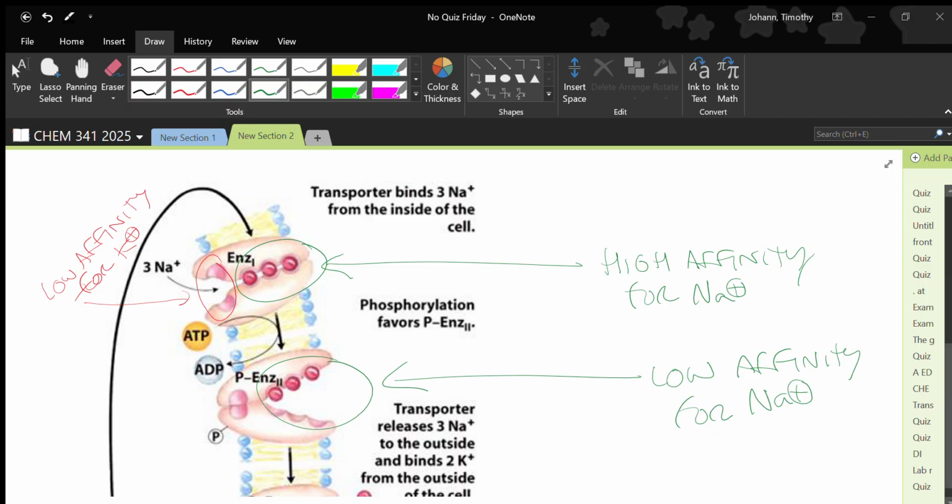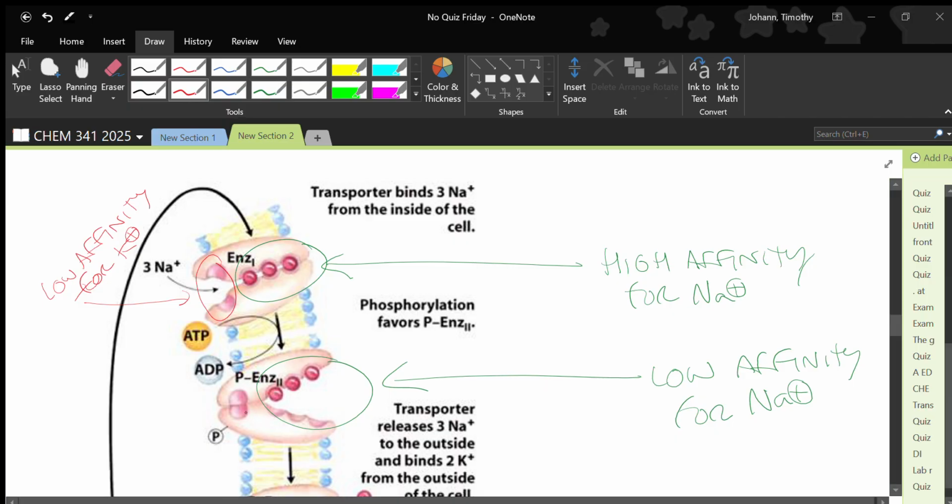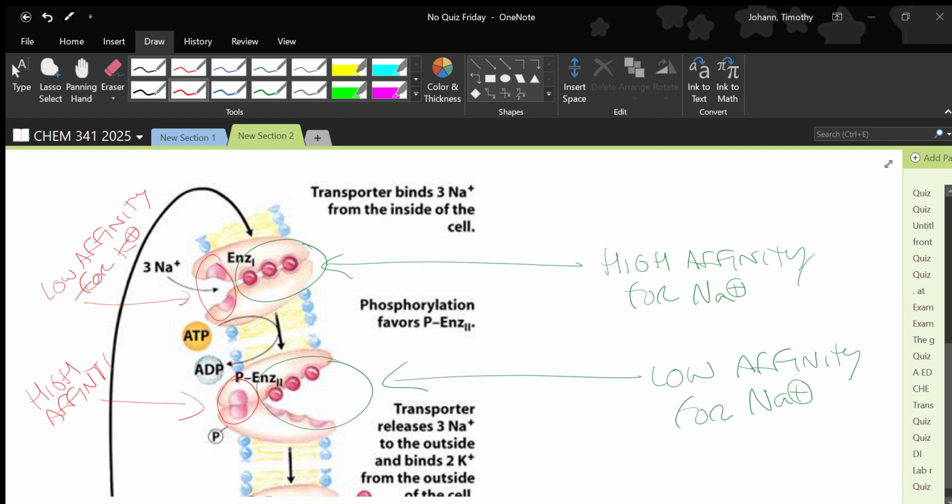And at the same time, now we have a high affinity for potassium over here. So the presence or absence of the phosphate affects the shape, which affects the affinity, as well as whether it's open to the inside or the outside.